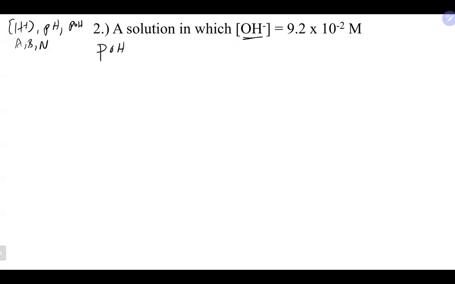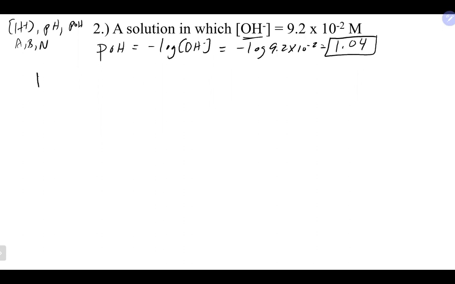Let's solve for that first. That would be negative log of 9.2 times 10 to the minus 2. That's going to get us a pOH of 1.04.